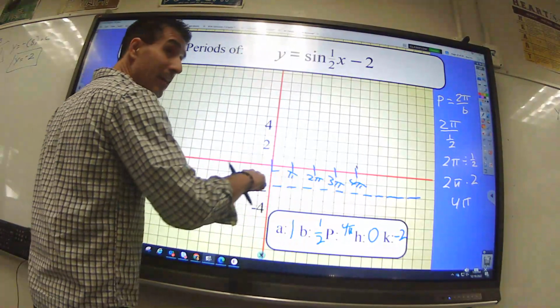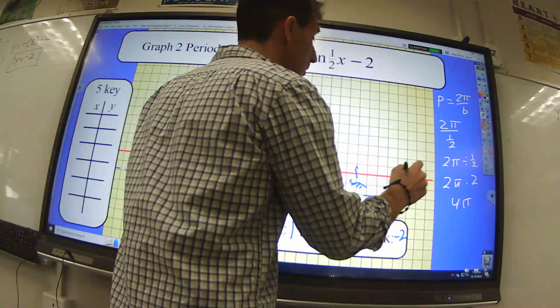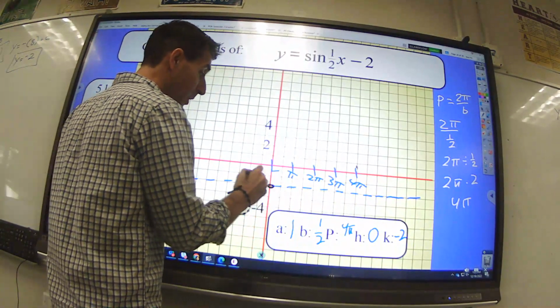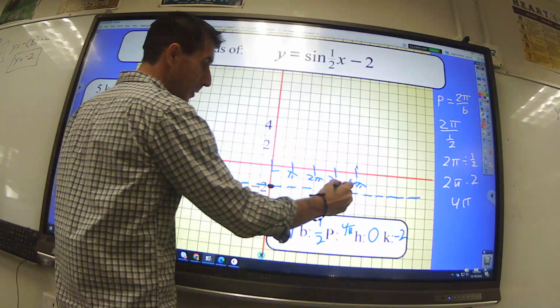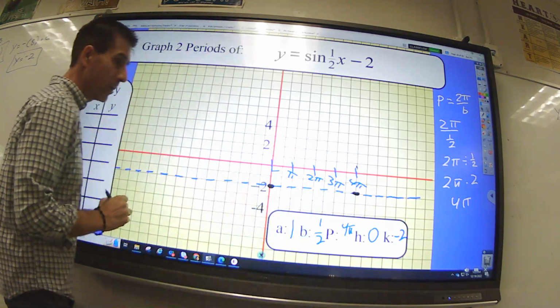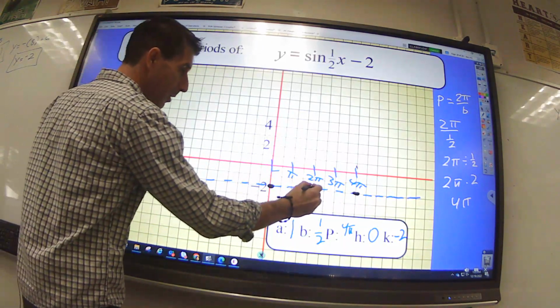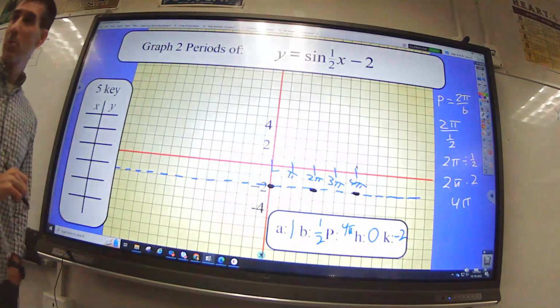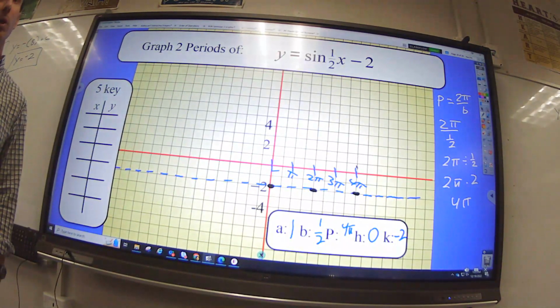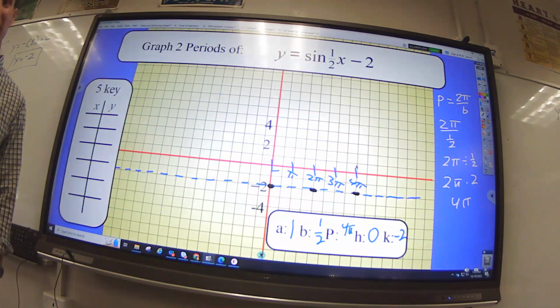Now remember, my midline's here. The first point is 0. The last point is 0. And the middle point is 0. You guys remember that for sine? Do you remember what cosine is? Because you might see cosine on the test. It's the first, the third, second and fourth.